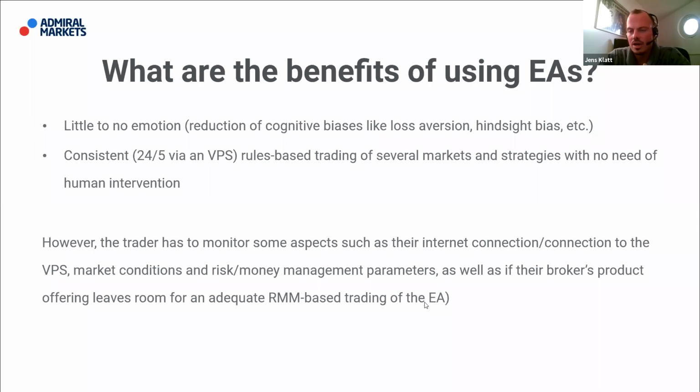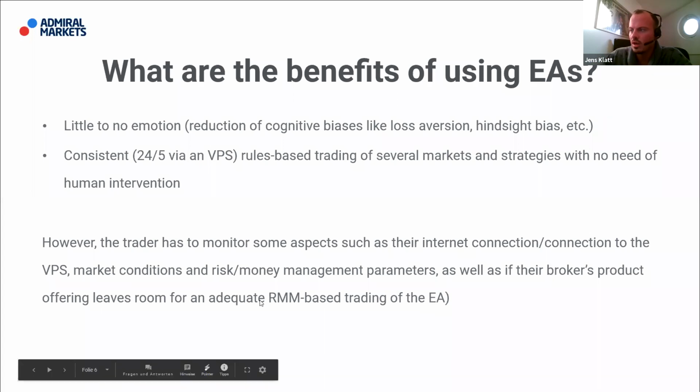Some brokers don't offer that. Some say, okay, we only offer €1 per point DAX CFD, so a full DAX CFD, which is completely fine. But you have to make sure that your trading account is well capitalized so that you still can follow an adequate risk management-based plan.